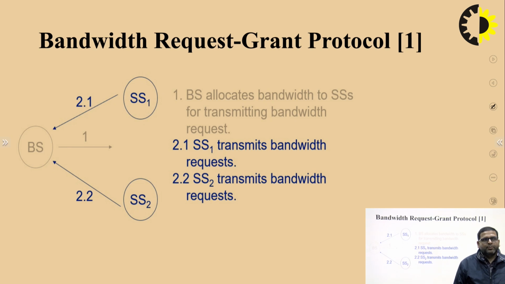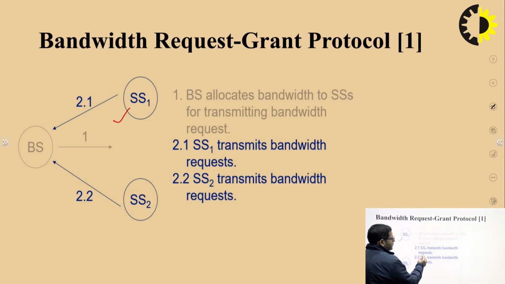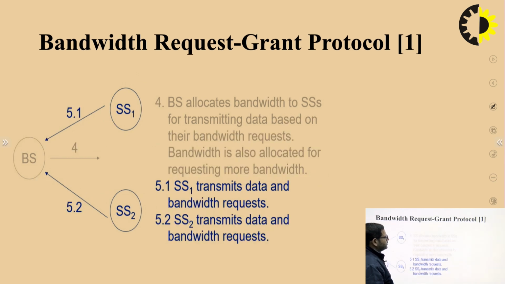Here is an example of the bandwidth request grant protocol. In the first step, the base station allocates bandwidth to the subscriber station for transmitting a bandwidth request. In 2.1, subscriber station 1 transmits a bandwidth request, and in 2.2, subscriber station 2 transmits a bandwidth request.